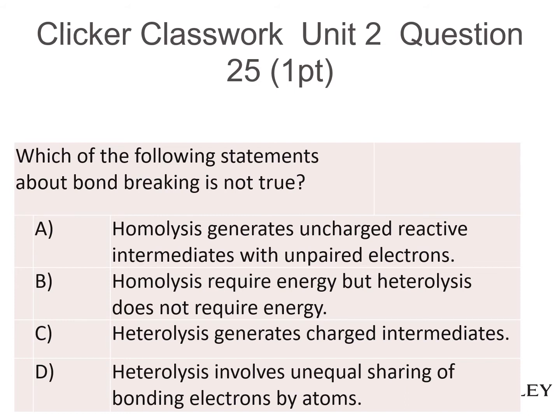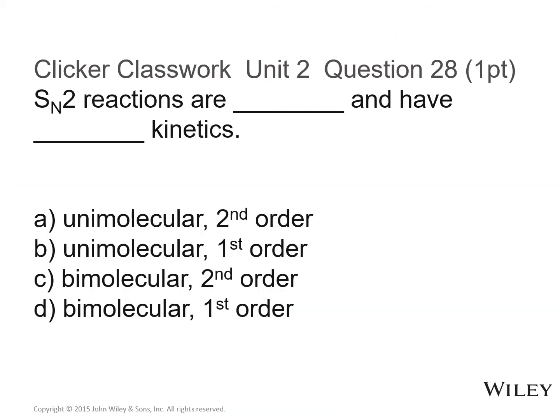Homolysis means we're going to break and distribute the electrons evenly. Heterolysis, they're broken unevenly. And we talked about SN2 reactions. SN2 reactions are what kind of mechanism and what kind of order for the reaction.